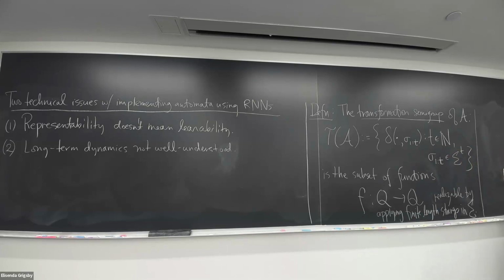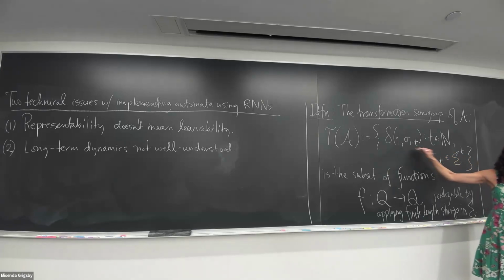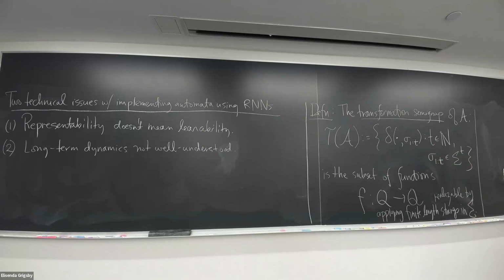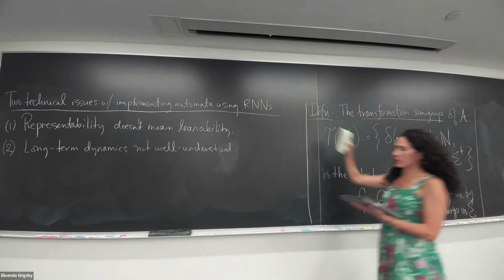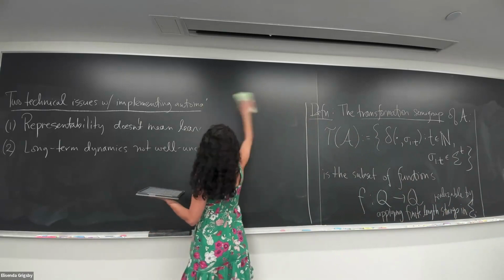So when we're getting functions from Q to Q instead of Q to the T, does that mean taking the end state? Yes, thank you. I guess I'm abusing notation here. I'm definitely abusing notation here. So in particular, let me just write it down.